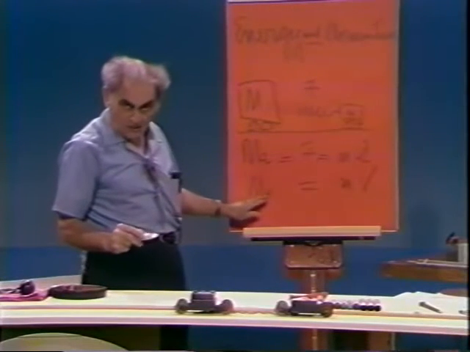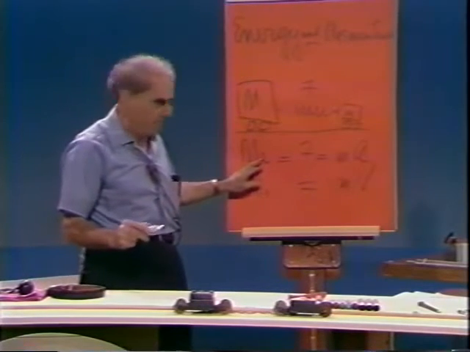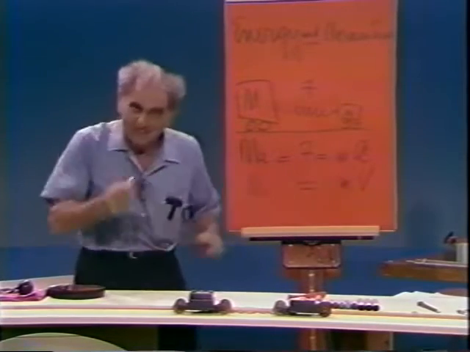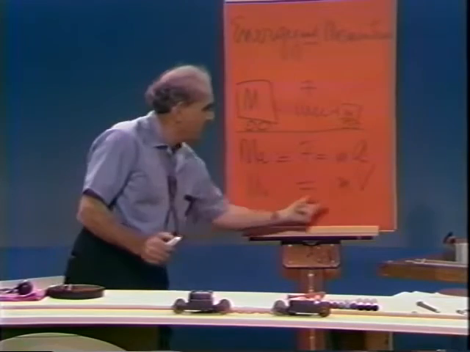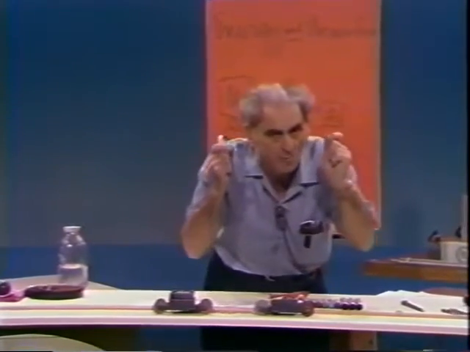And it is not unreasonable now to say that because the accelerations are inversely as the masses, the velocities are so, and therefore the momentum of the little car is equal to the momentum of the big car. So their momenta are equal.